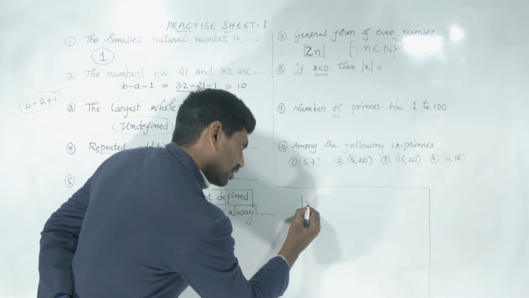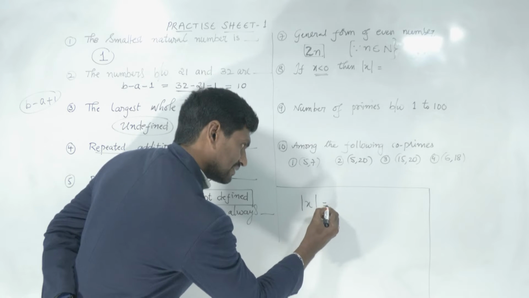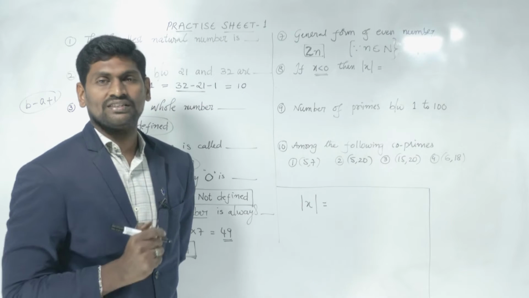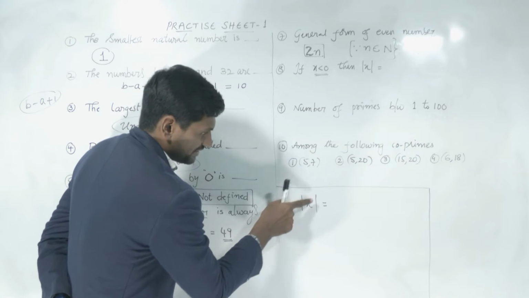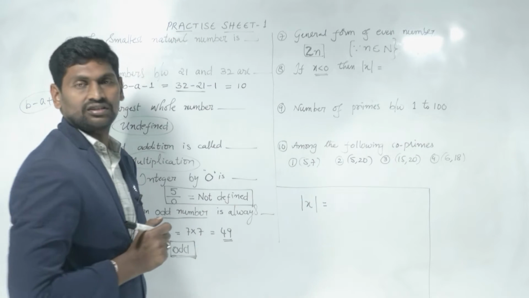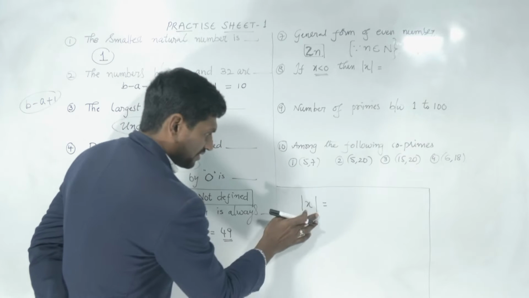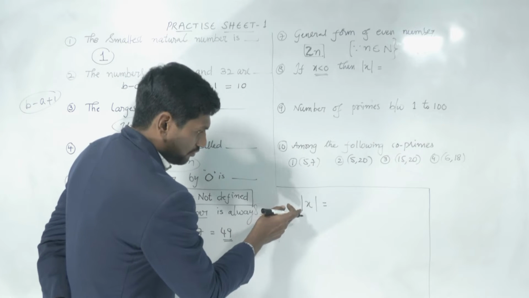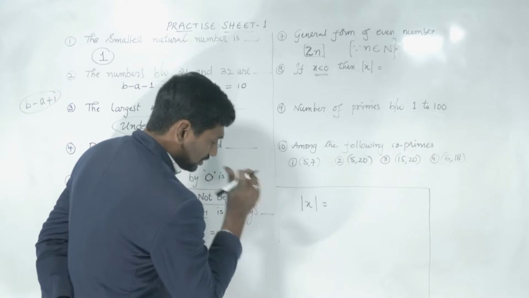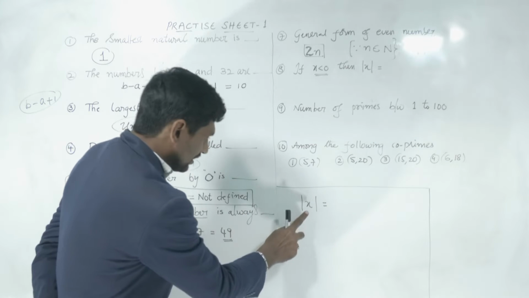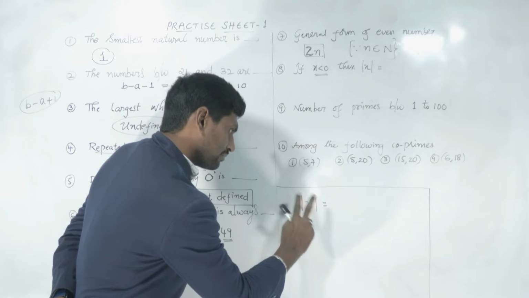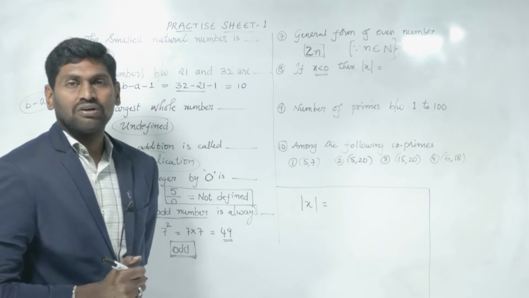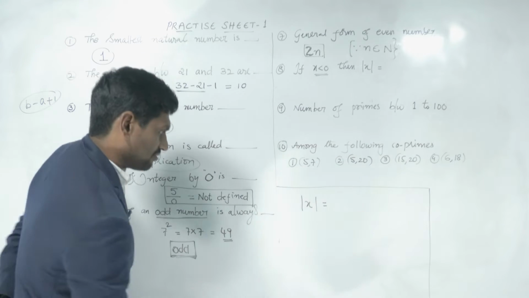So, modulus of x. There are two cases or two conditions here. We have to call this symbol modulus. While you are seeing this type of x or y, any number in these lines, in this modulo, we are calling that the absolute value.